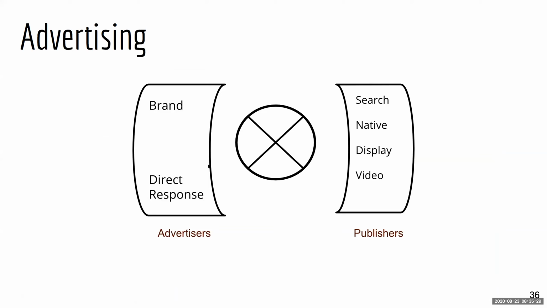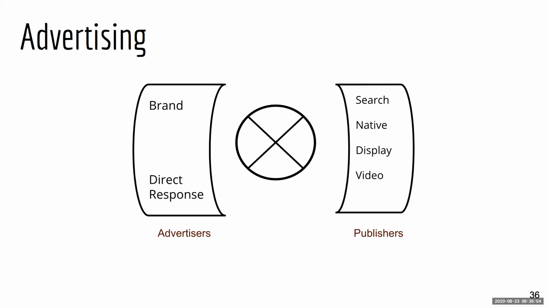As part of Yahoo, I worked in the advertising science team. So in advertising, you have an advertiser who wants to do that from a brand perspective, where advertising is about just showing some ads, or with the aim of a direct response, showing ads where you want the user to click.